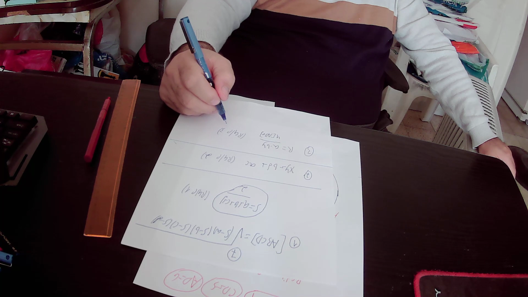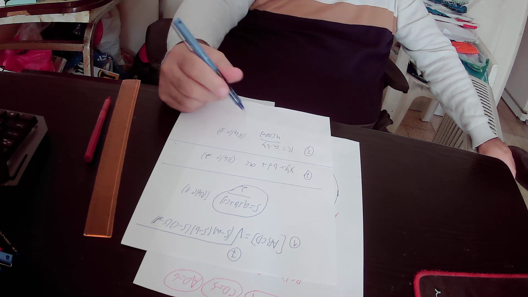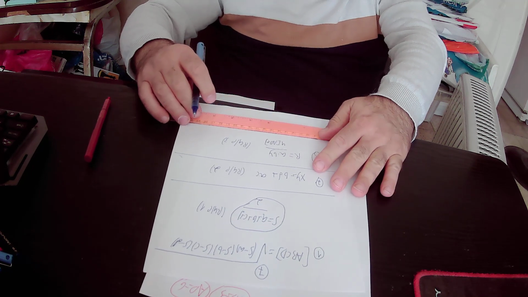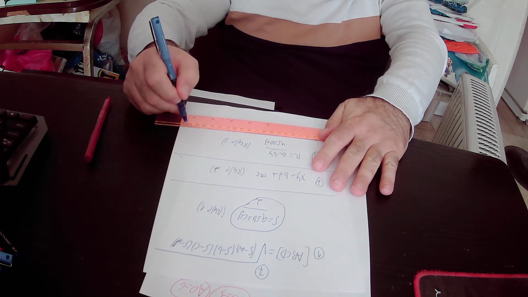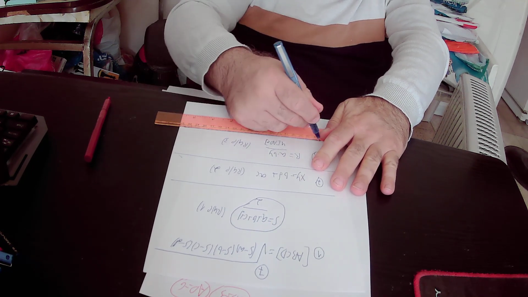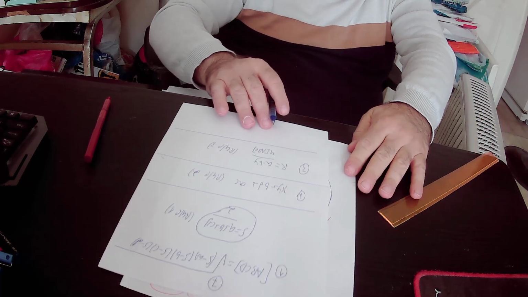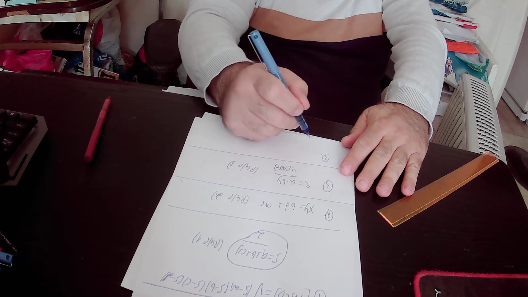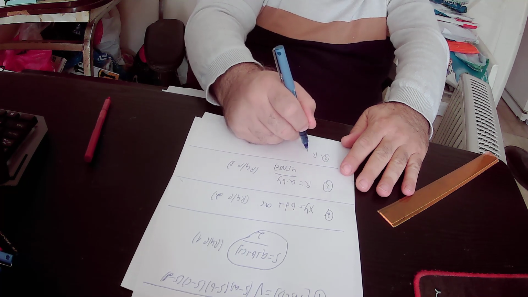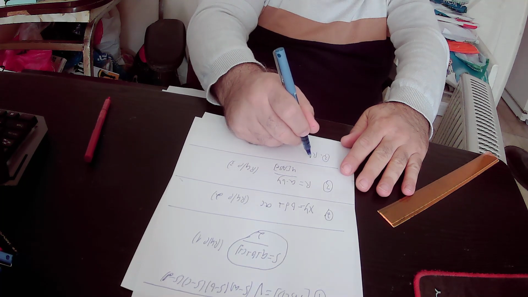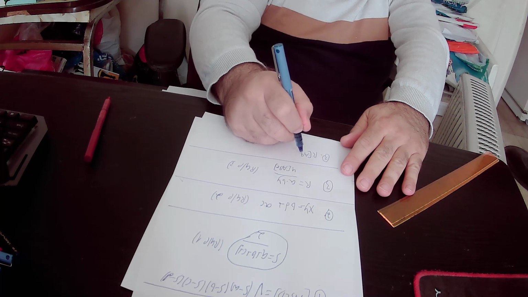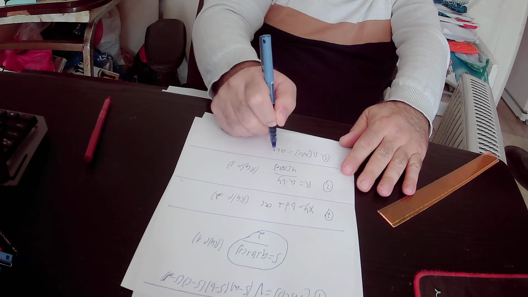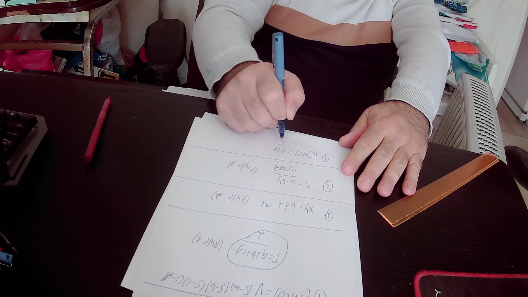Here we will multiply equation number 3 by the area of triangle ABC, and we will get that R times the area of triangle ABC equals ABY over 4.